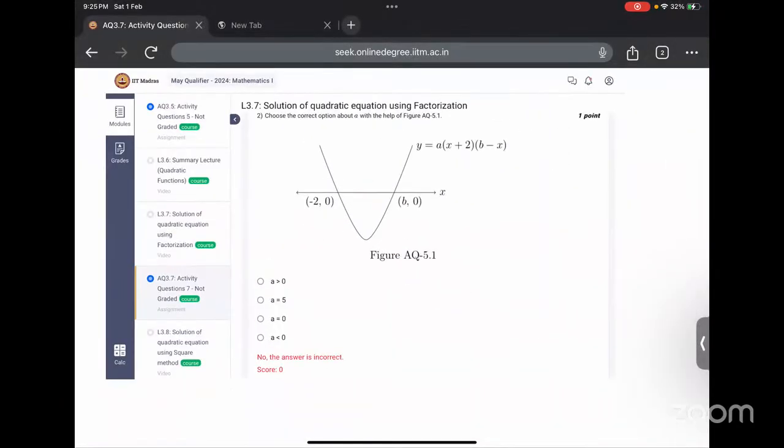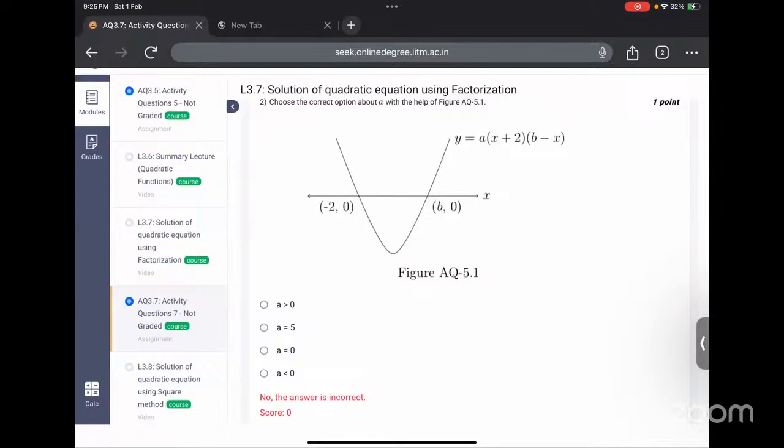Ma'am, I didn't understand that one. Can you please repeat the explanation of question number 2? What you have to do is break the equation: multiply the factors, and you will get the coefficient of x squared as minus a.